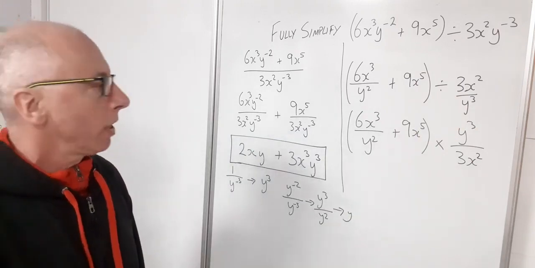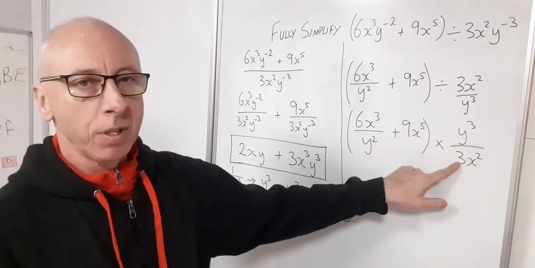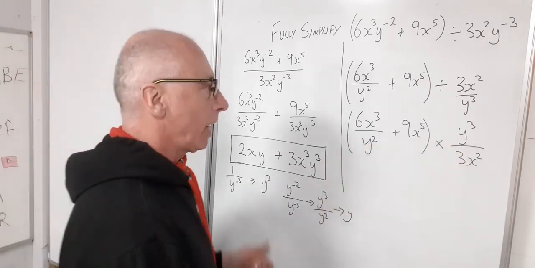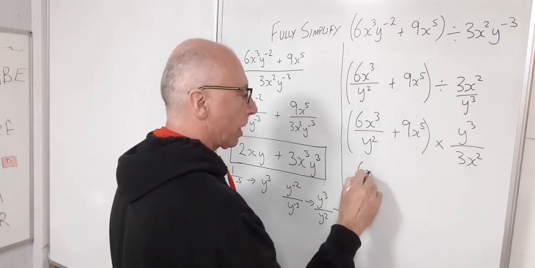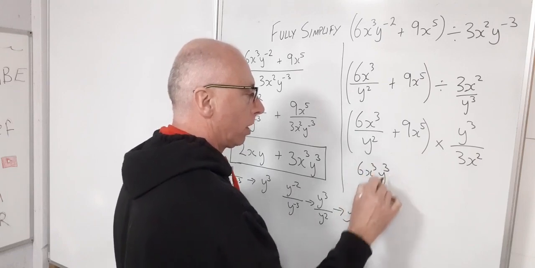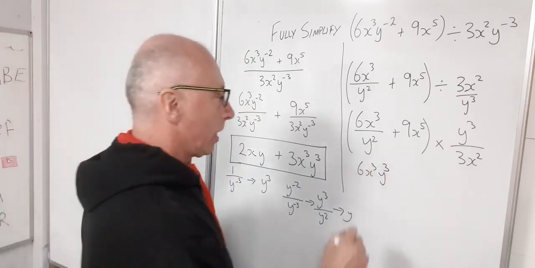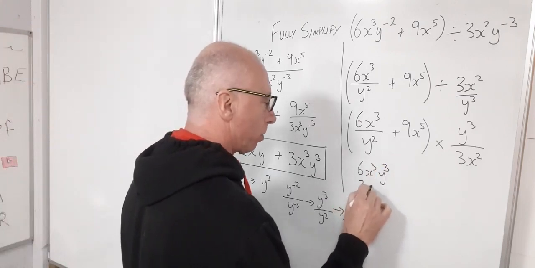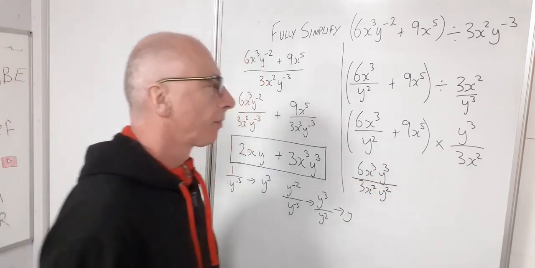So now I could just multiply each one in turn with this one here, and then see what my addition is at the end. So 6x cubed times y cubed, I'll have 6x cubed y cubed, and y squared times 3x squared, so I write that as 3x squared y squared. That's a fraction.